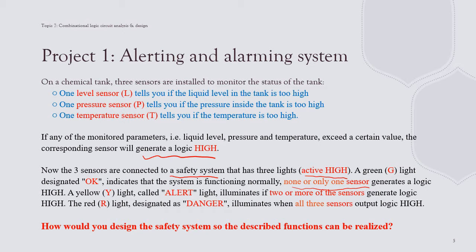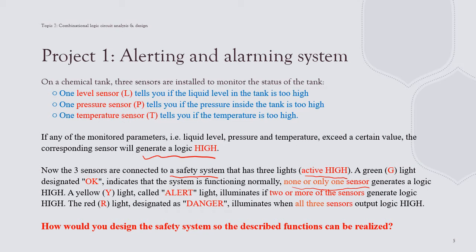Finally, the red light, designated as danger, illuminates when all 3 sensors output logic high. This is the most critical condition. All the sensors give a warning that something is going wrong, so it's dangerous. Then the red light tells you that it's dangerous.